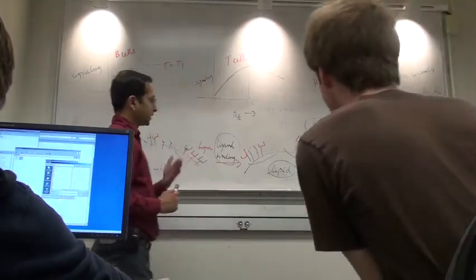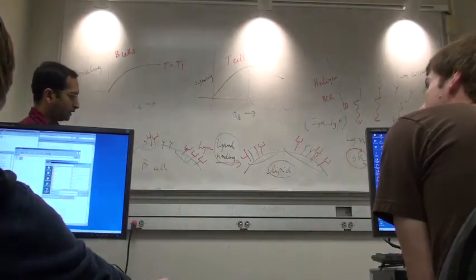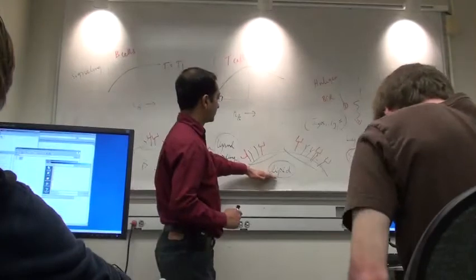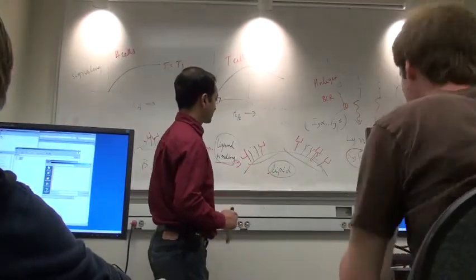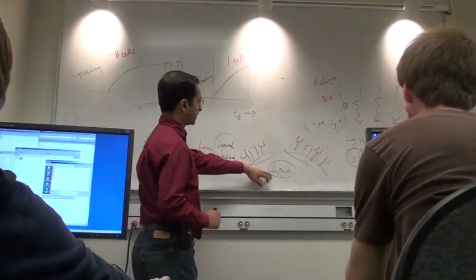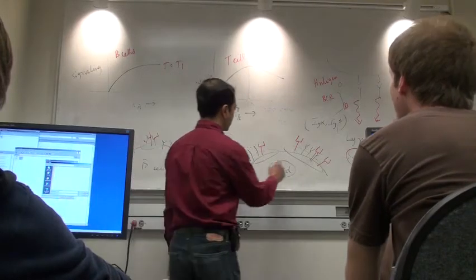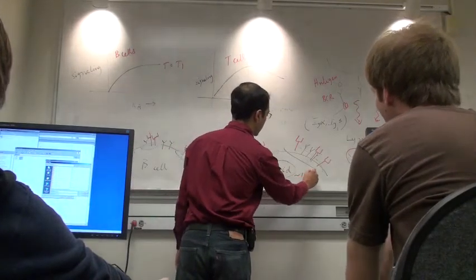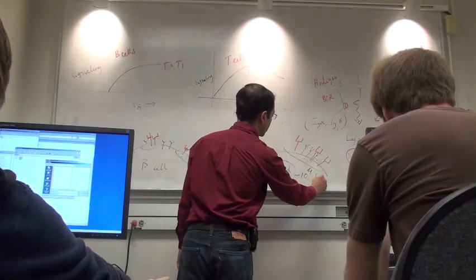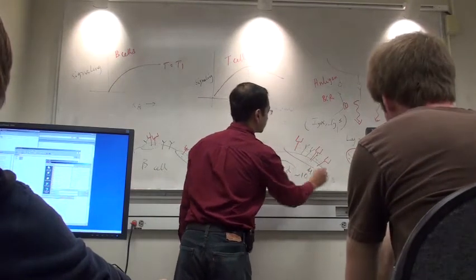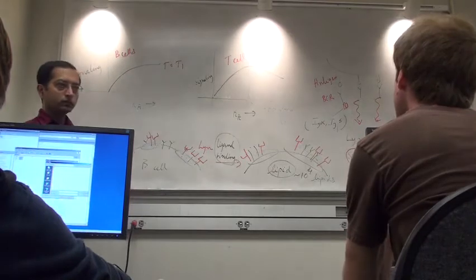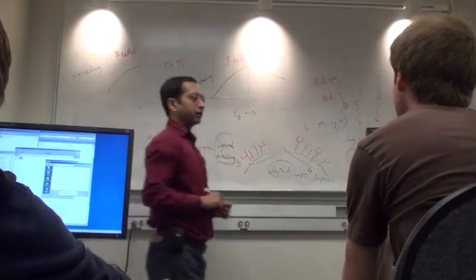But that's a much more detailed model, and it's quite challenging computationally to develop such a model, because there are lots of lipid molecules. So right now we are simulating on the order of 10 to the power 4 lipids, and it takes a lot of time.